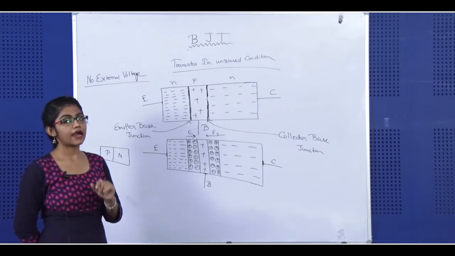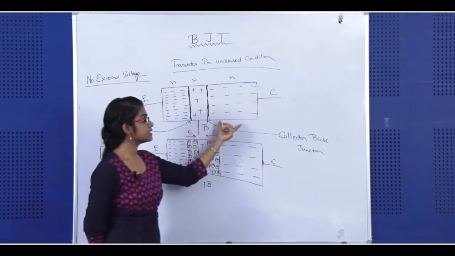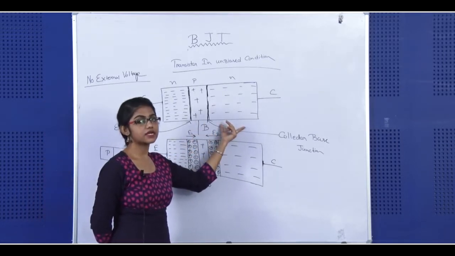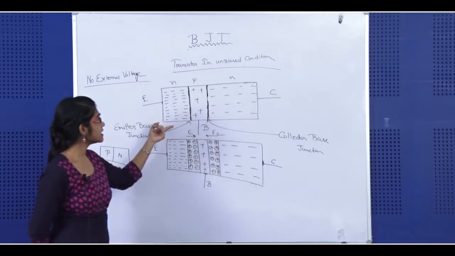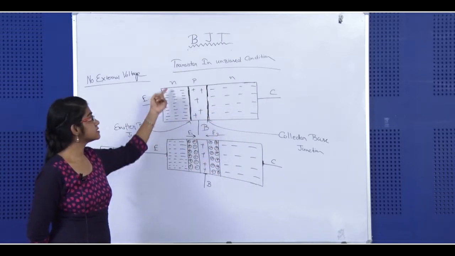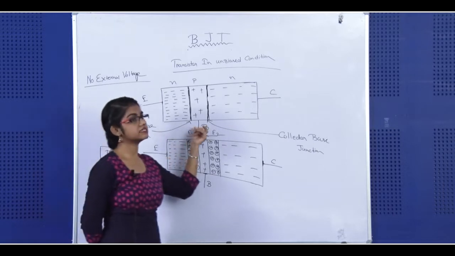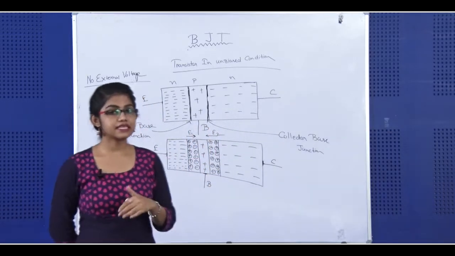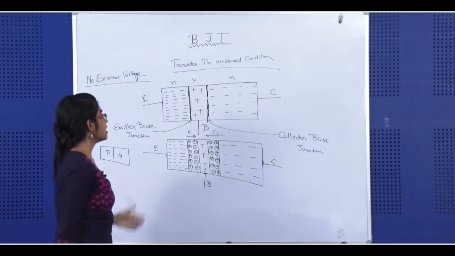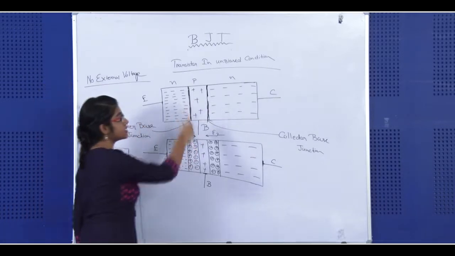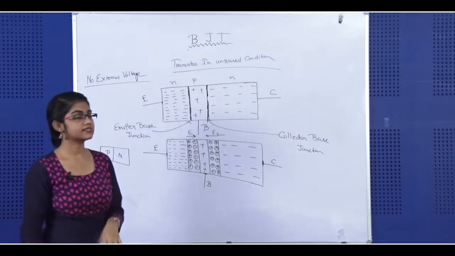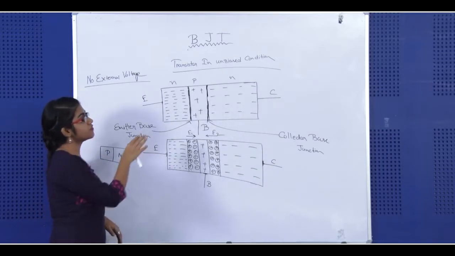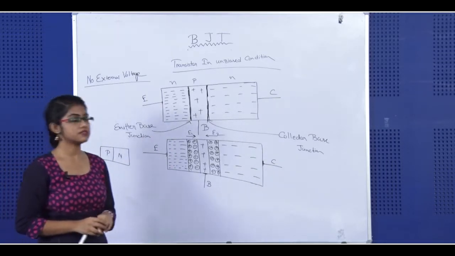Not only that, according to size, the collector is the largest, then the moderate size is the emitter, and the least size is the base, and we keep this purposely. We will see why we consider the base least doped and of least size in later classes, but it is the physical aspect of the NPN transistor.